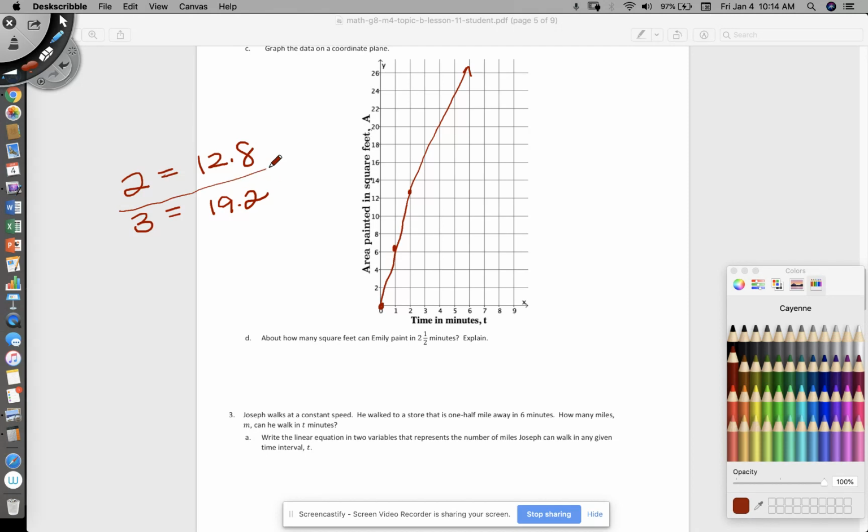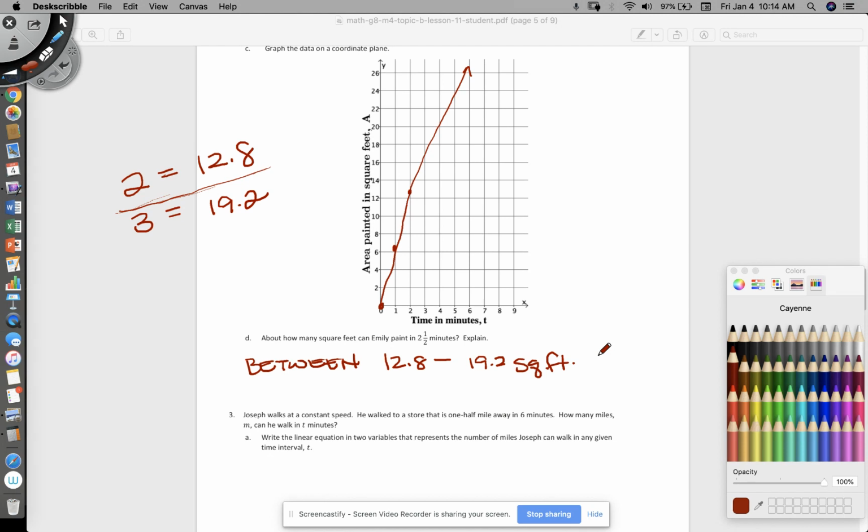So 2.5 is going to be right here in the middle of this. So we're going to say between 12.8 through 19.2 square feet. She can paint anywhere in between there in about that 2.5 minute mark.